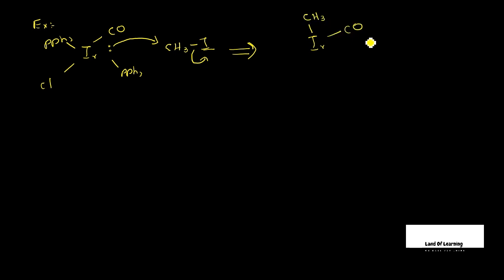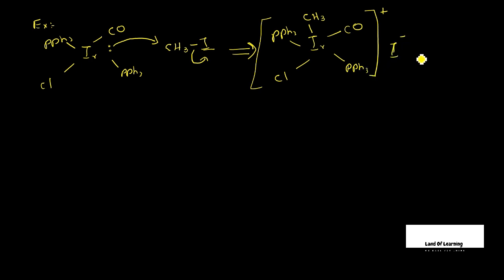Let's take carbonyl over here, phosphine over here. The geometry can be different, right? I'm not interested in geometry. So here we have our complex, which now has a positive charge, and our iodide will be here too.